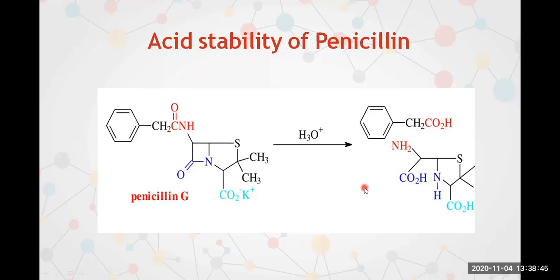Okay. Also, there are certain sites in the body that have a different pH, like the lysosome of the cell, having a pH of 4 to 6. There also this compound can break down.